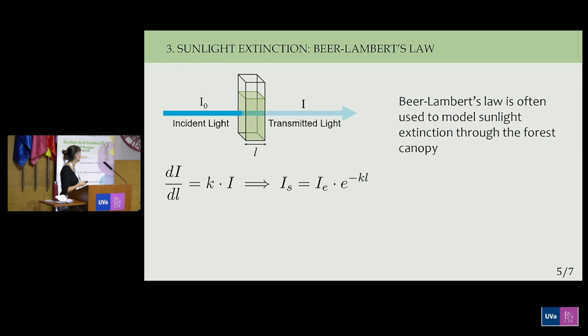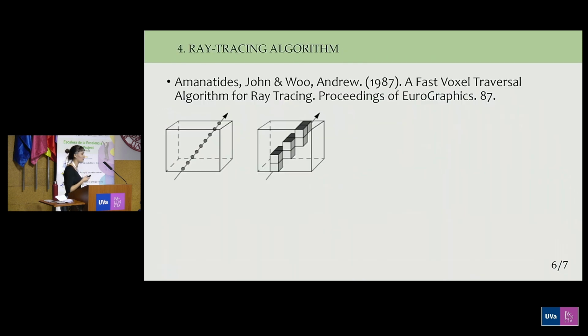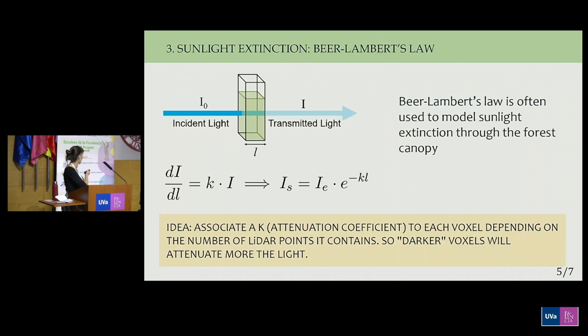Beer-Lambert's law is often used to model sunlight extinction through the forest canopy. And our idea is to associate a K, attenuation coefficient, to each voxel, depending on the number of LiDAR points it contains. So darker voxels will attenuate the light more and will capture more light.